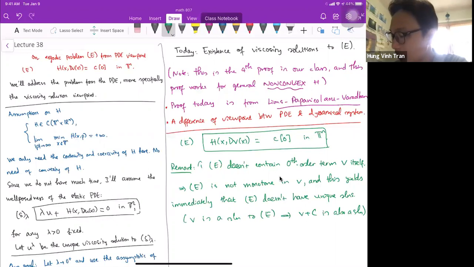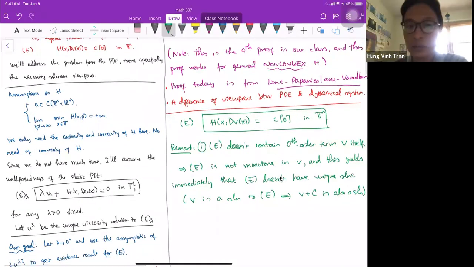That's the key point. Because if V is a solution, then V plus C is always a solution, and we have at least a family of solutions, which makes the problem complicated.